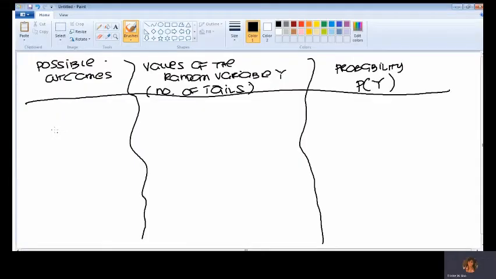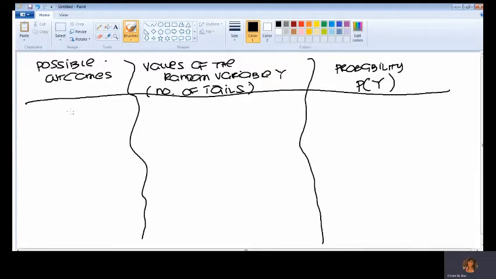So example number 1, suppose 3 coins are tossed. Let y be the random variable representing the number of tails that occur. Find the probability of each of the values of the random variable y. So first step is to determine the sample space. Let h represent head and t represent tail.